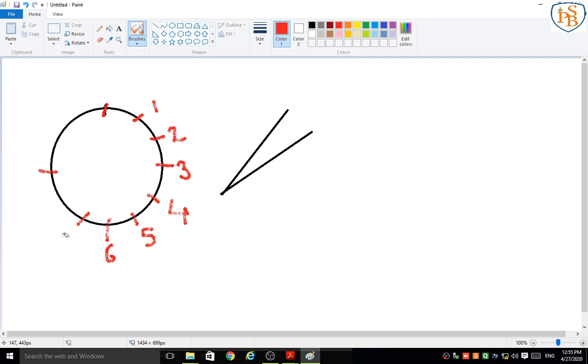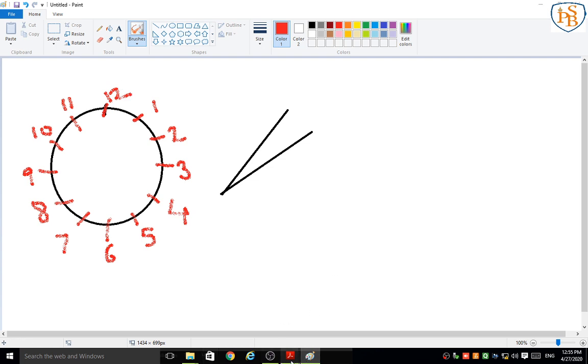Just imagine the clock, students. I know you will draw well in your notebook. Hopefully you understand. It is of my wall clock. Okay students, you will draw nicely yours.